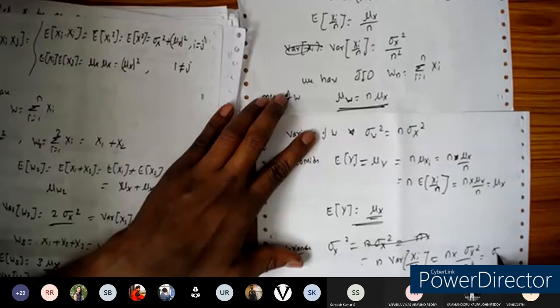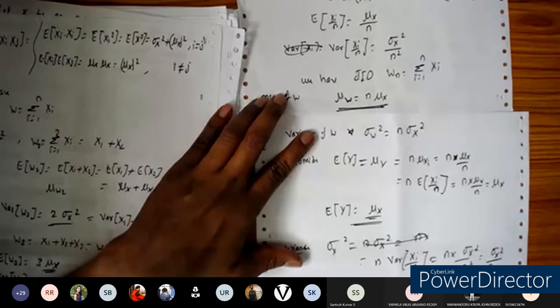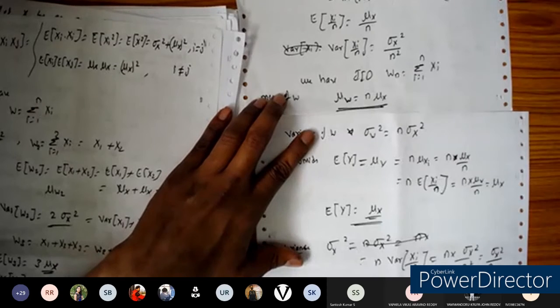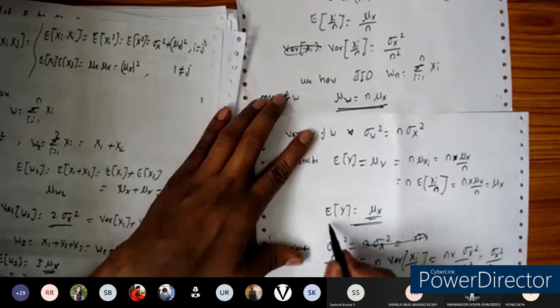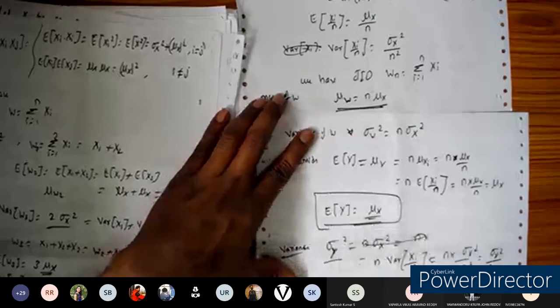This becomes sigma x square divided by n, as n gets cancelled. This is the variance of the average of the random variables, and this is the mean of the average of the random variables.